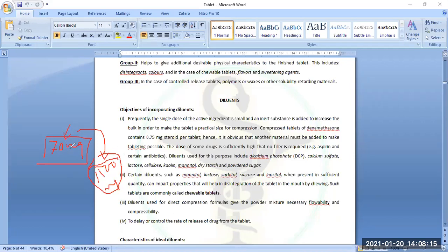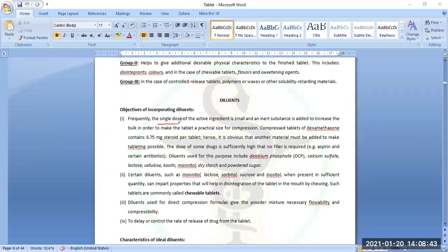But the dose of your API, active pharmaceutical ingredient, may sometimes be 2 mg or 4 mg. So how do you formulate this API into a tablet form? You require a diluent at that time. So what is the basic role of the diluent in tablet formulation? To impart bulk, to improve the bulk of the formulation.